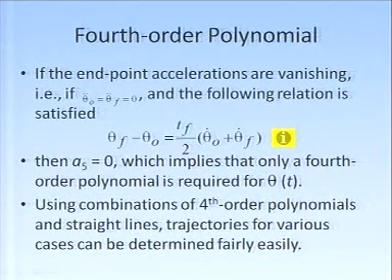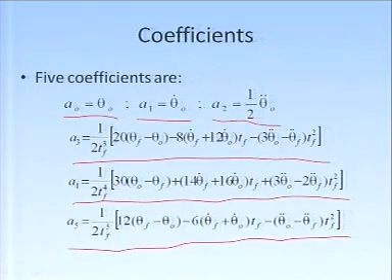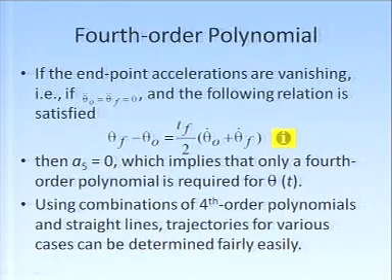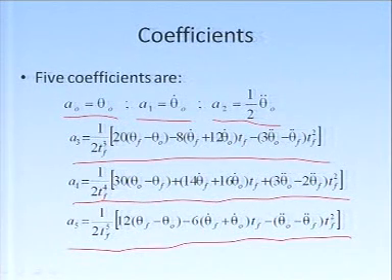Okay, now there is an interesting thing here. Suppose the endpoint accelerations are vanishing, meaning if you are putting theta 0 double dot and theta f double dot equal to 0, okay, which means you are starting with 0 acceleration and ending with 0 acceleration, then these expressions will simplify.